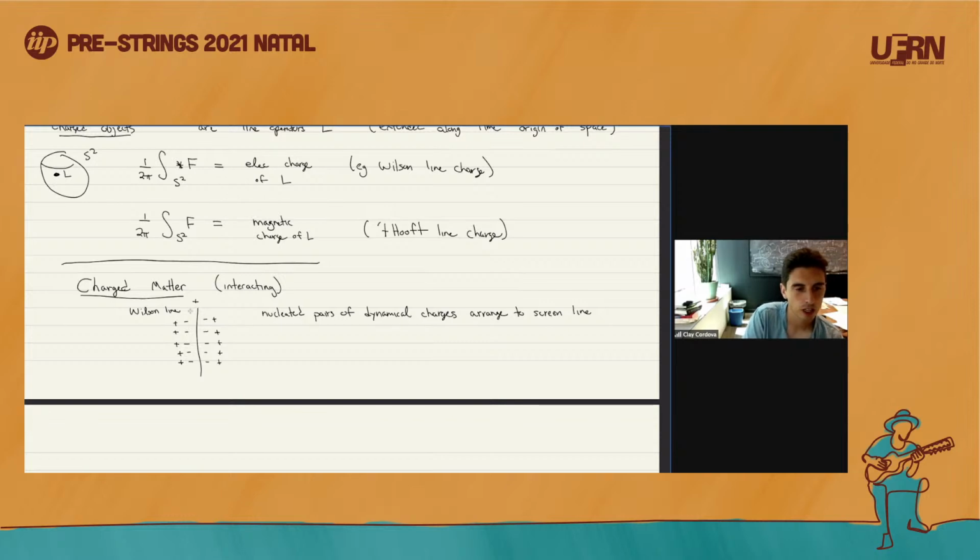Now, because of this configuration of nucleated pairs of charge, the effective charge of the line now depends on distance, on how close you are to the line. Of course, you're familiar with this. This is just the statement that the electric coupling is now running because we have dynamical charged matter.